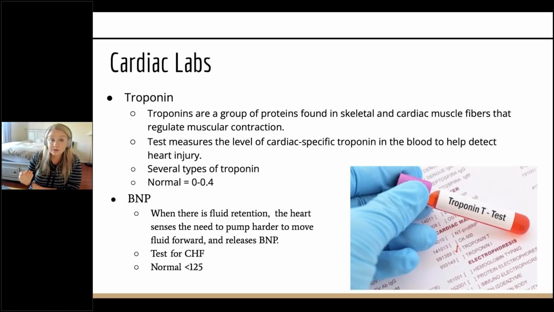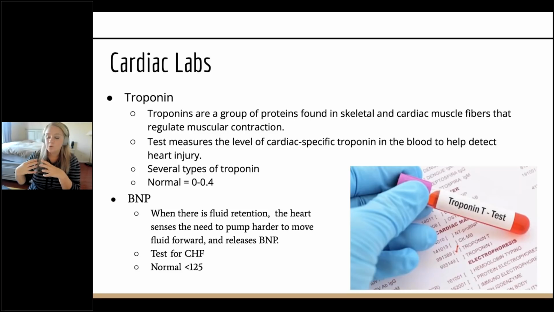Now, the other lab for cardiac that's really important for you guys to know is called the BNP. B-type natriuretic peptide is what this stands for. And this is very different. This is released from receptors that live in the right atrium of the heart.